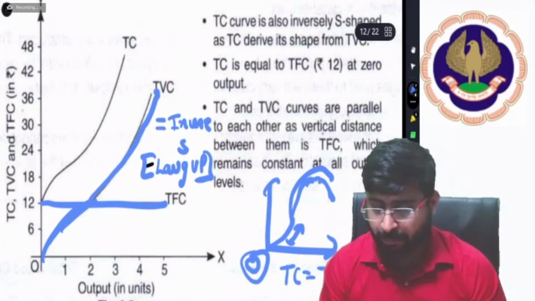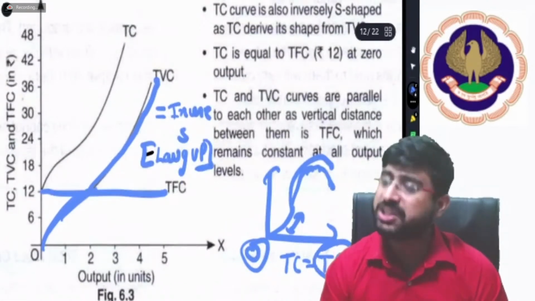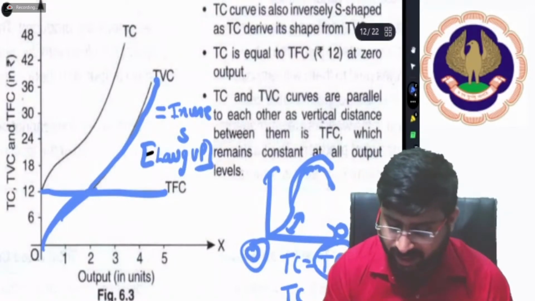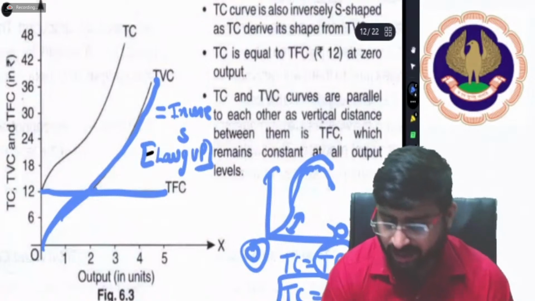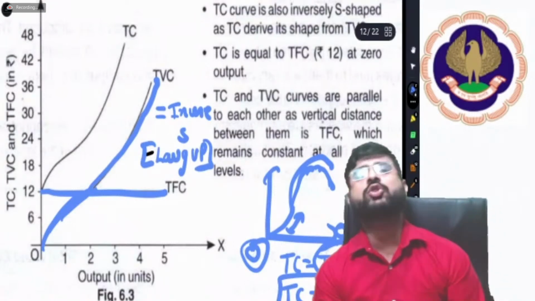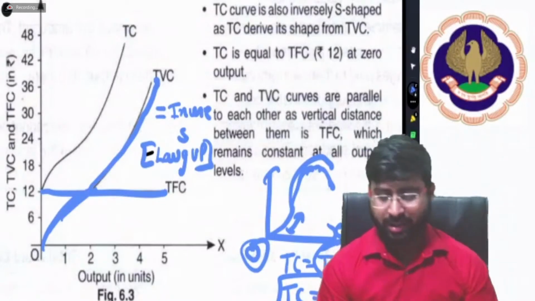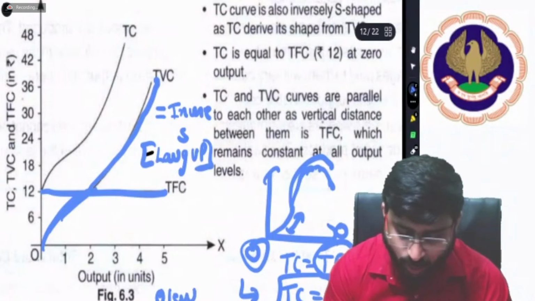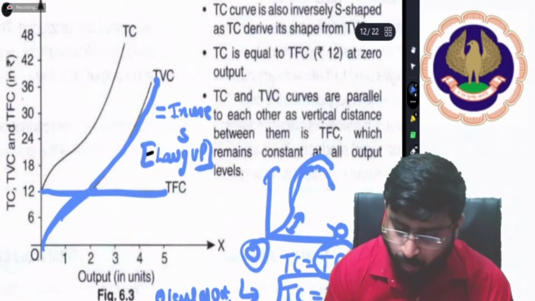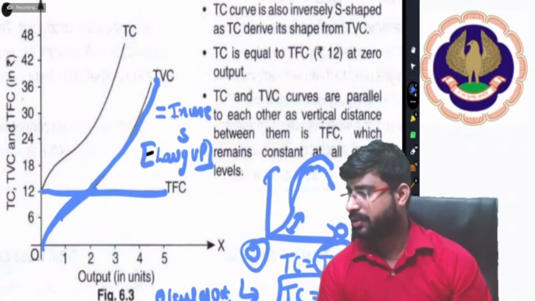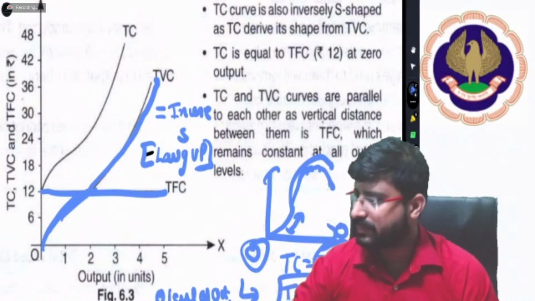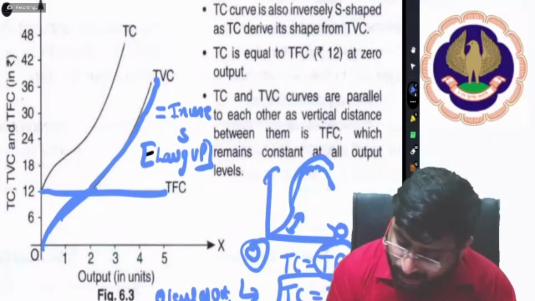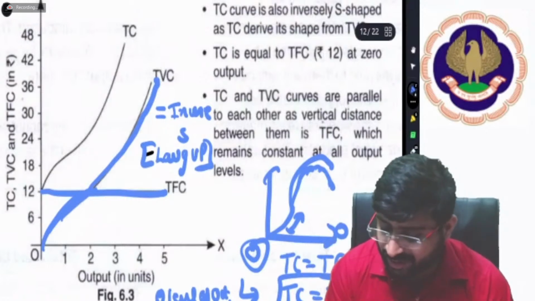But at 0 level of output, even if nothing is being produced, TVC is 0.